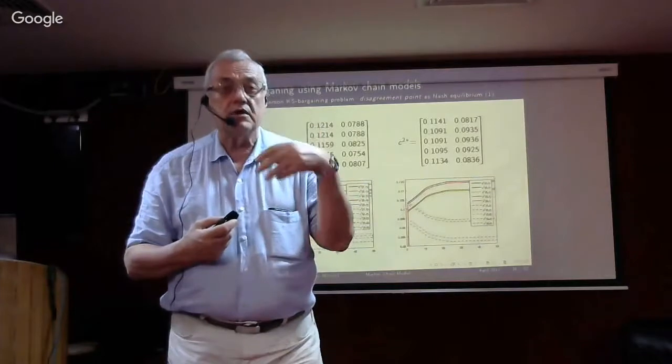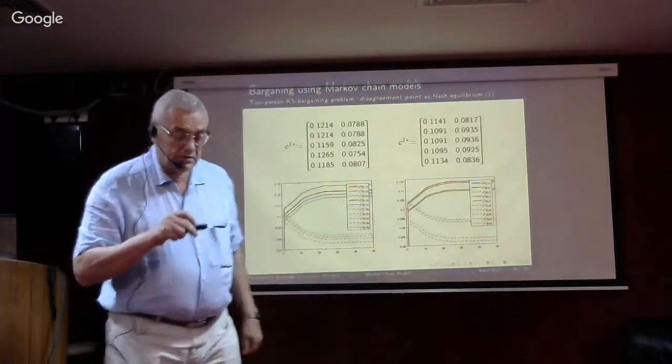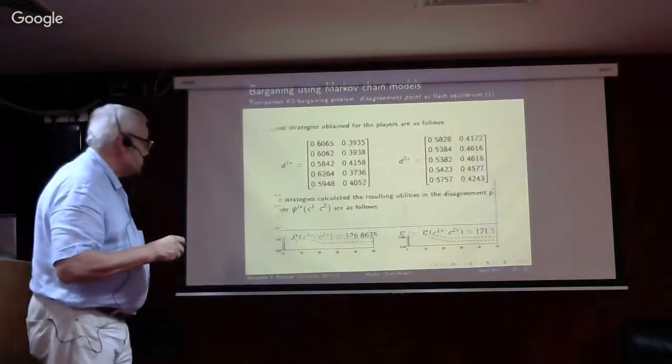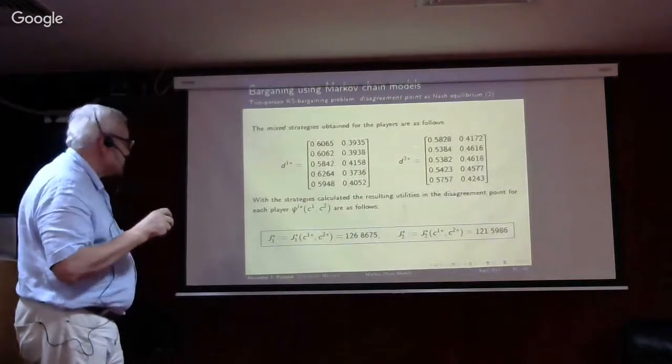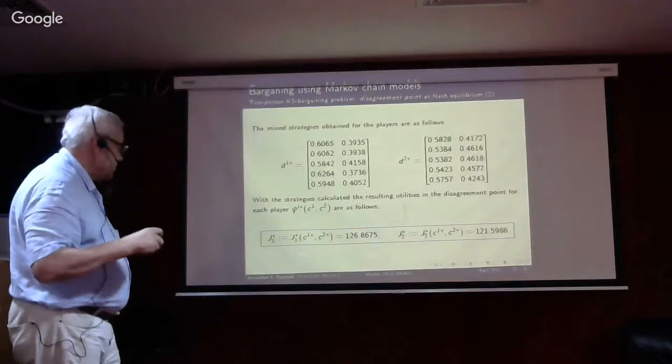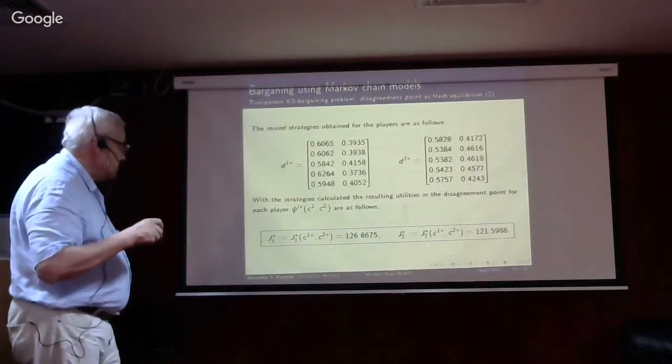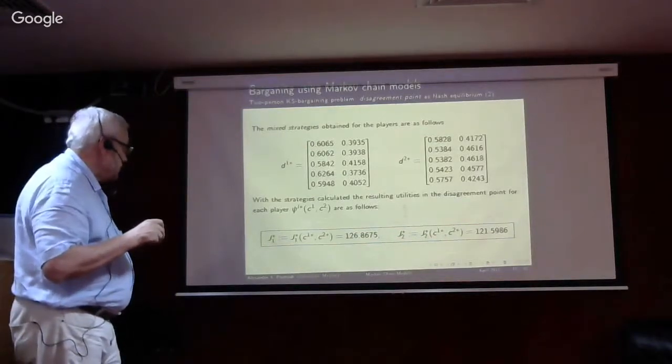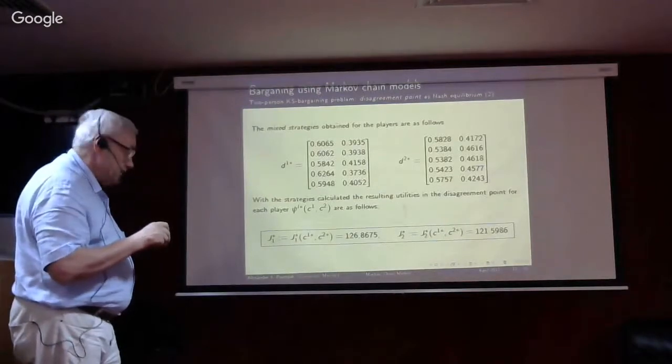So there are also MATLAB programs. This is convergence. This is the optimal strategy, not optimal, the equilibrium strategy for us. And this is how the first wins, and the second, after negotiation.